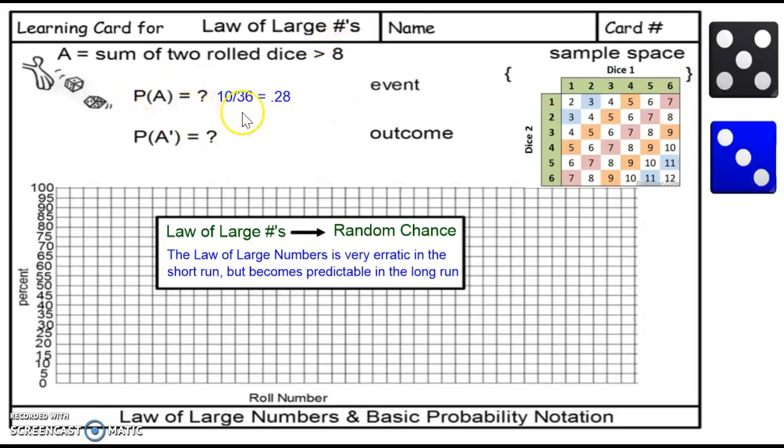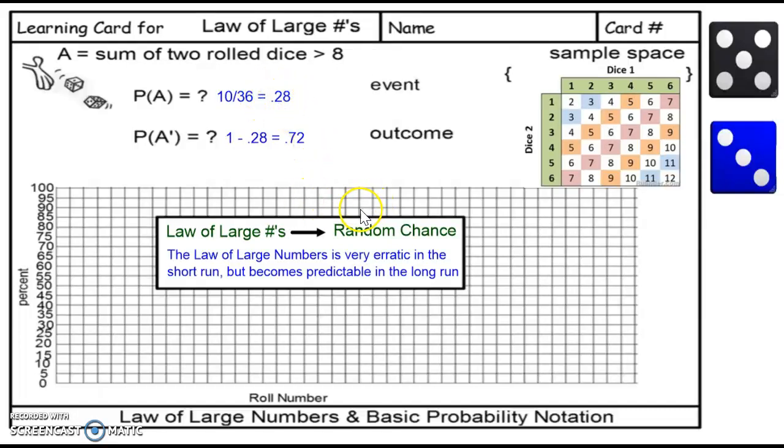Well, if the probability of A is 0.28, then the probability of not A would be 1 minus that, which is 0.72. So what we have up here, the probability of A rolling a sum that is greater than 8, this right here is the theoretical probability, about 28%, or there's a 28% chance of this occurring.